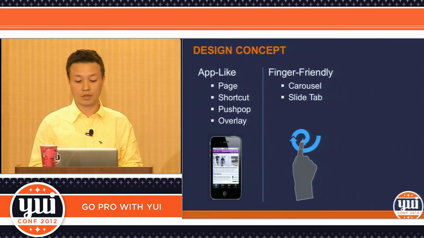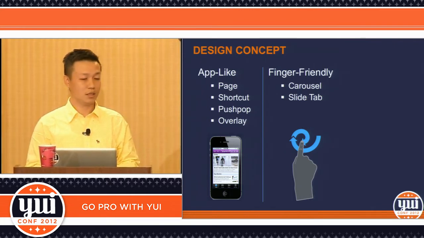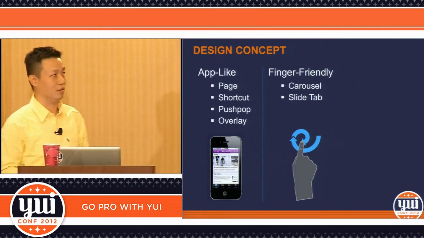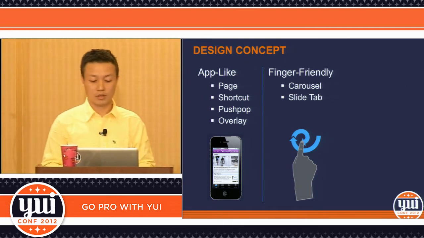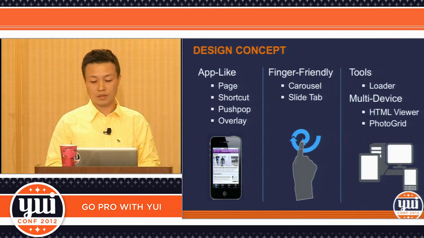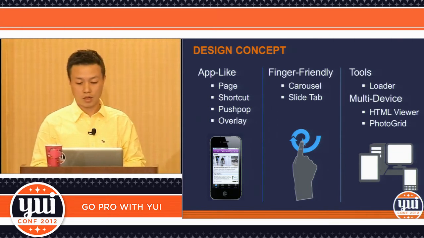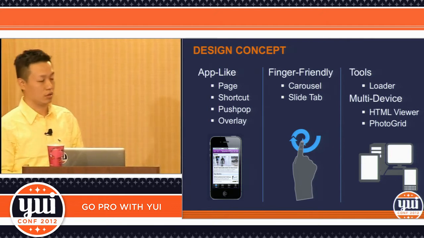We provide carousel. As you know, the scroll view also provides some functions like carousel, but we have more on that. Also the slide tab. The fourth one is tools. Loader is an Ajax wrapper, and also multi-device support, a kind of HTML viewer, and also photo grid.